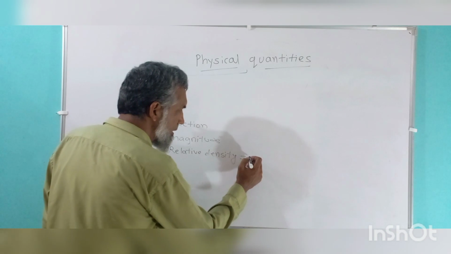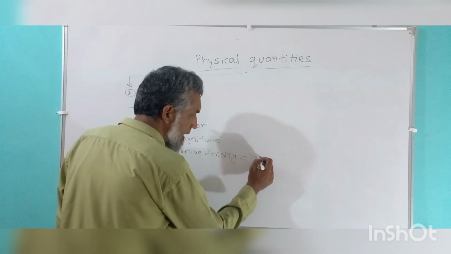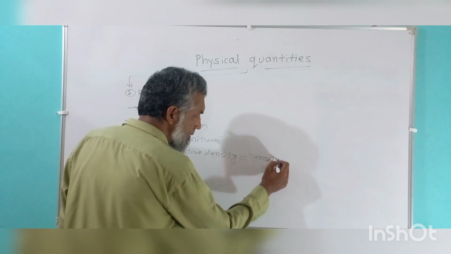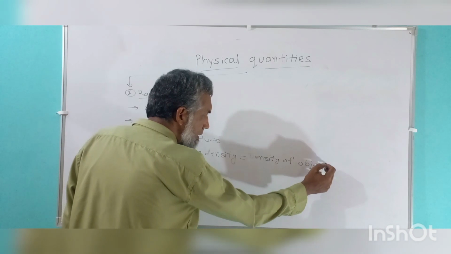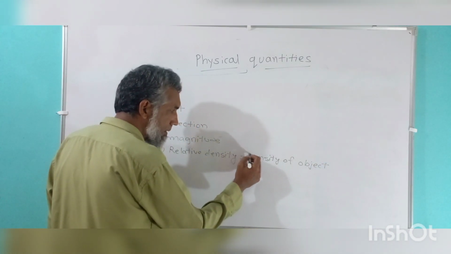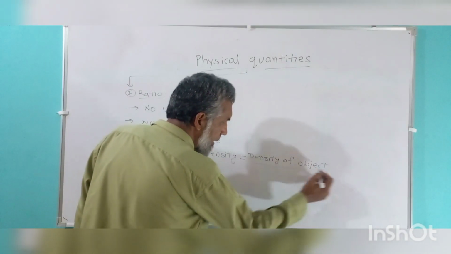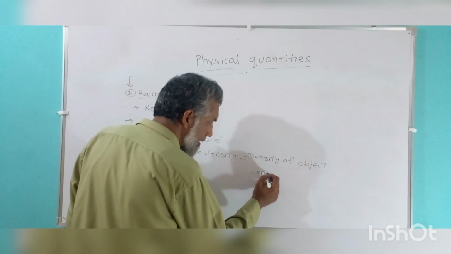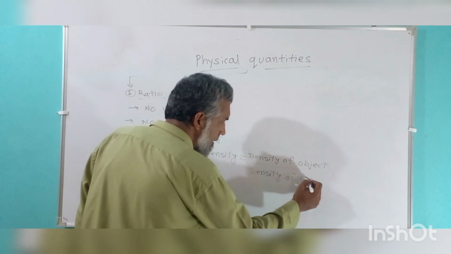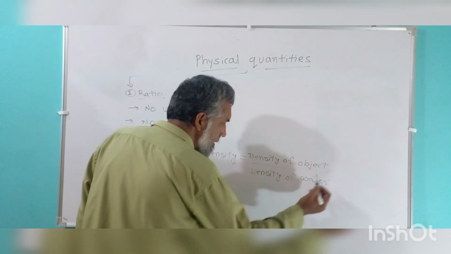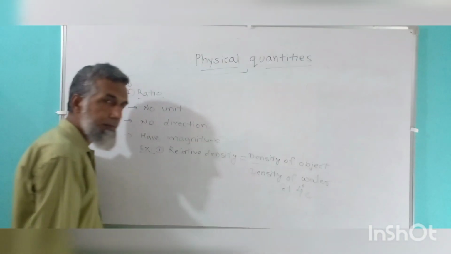Relative density can be found out as density of object divided by density of water at 4 degrees Celsius.